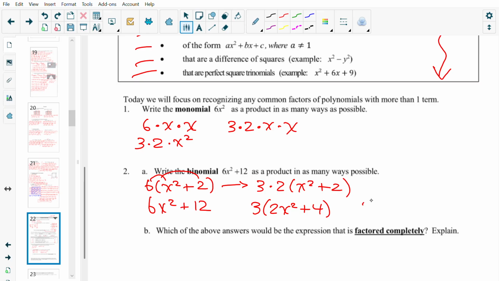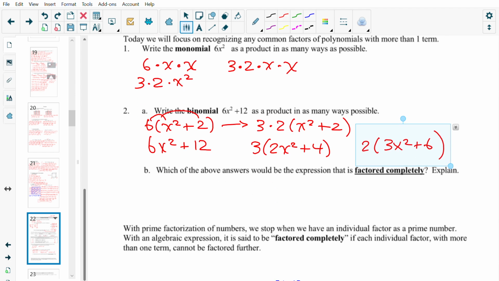Or 2 times 3x squared plus 6. Which of the above answers will be the expression that is factored completely? Okay, it's this one, 6 times x squared plus 2.